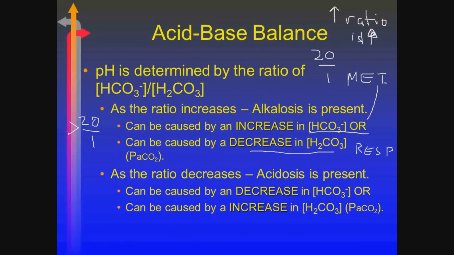I can have a situation where, for whatever reason, the bicarbonate level within the bloodstream rises, and I have an alkalosis that I'm going to call a metabolic alkalosis. I can have a situation where the PCO2 falls, hyperventilation is present, the ratio gets larger, and I have a respiratory alkalosis.